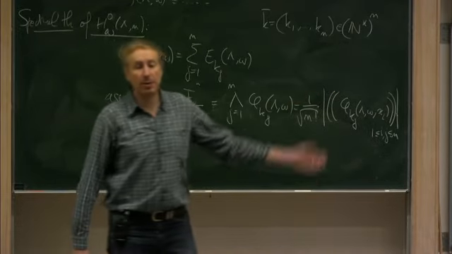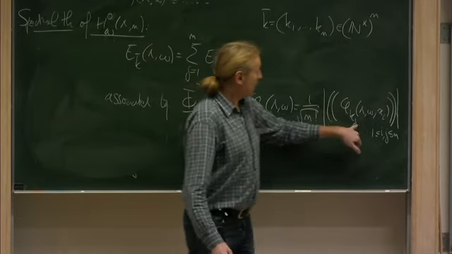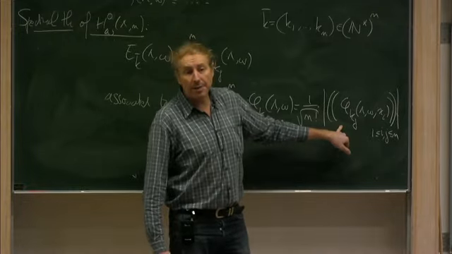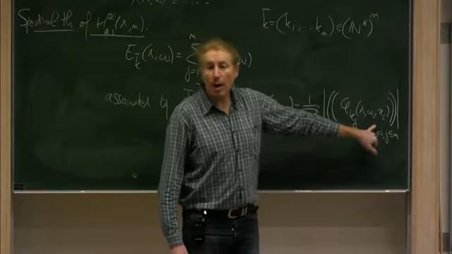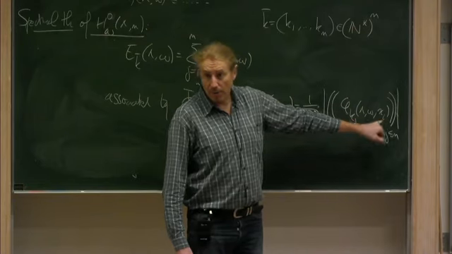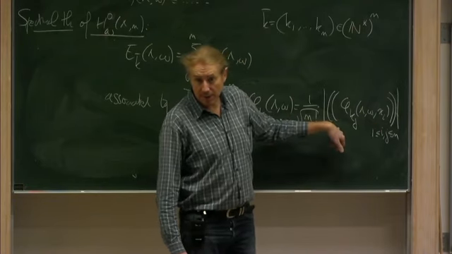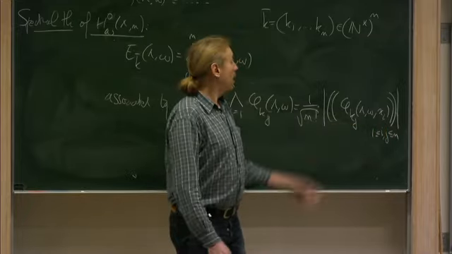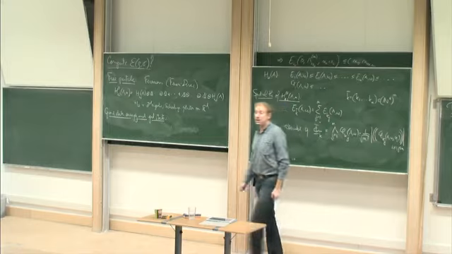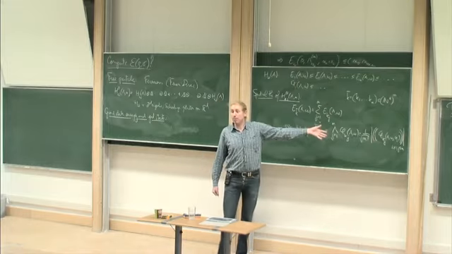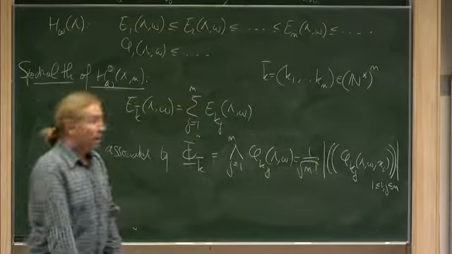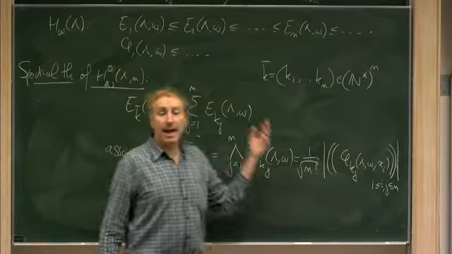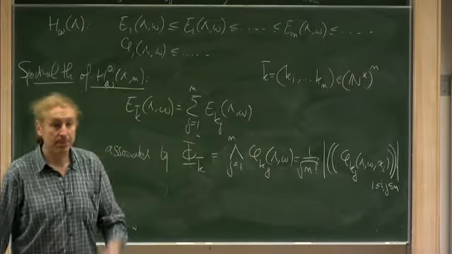You have two indices, one for the eigenfunctions, one for the variables. You form a matrix out of this and take the determinant and normalize it. First, it's totally antisymmetric, that's a property of the determinant.